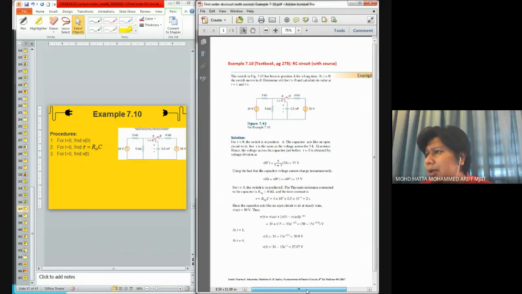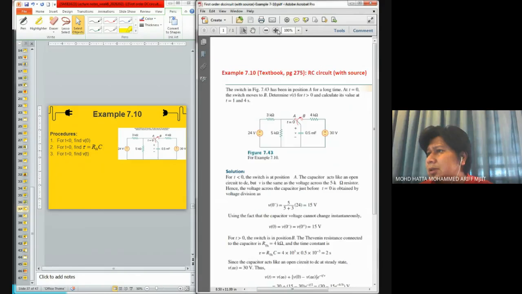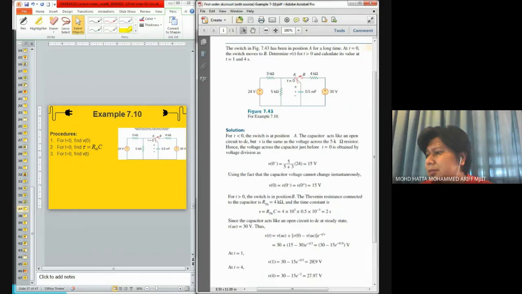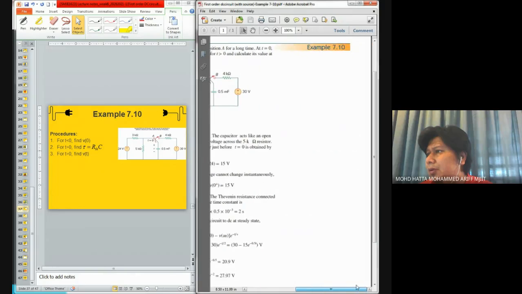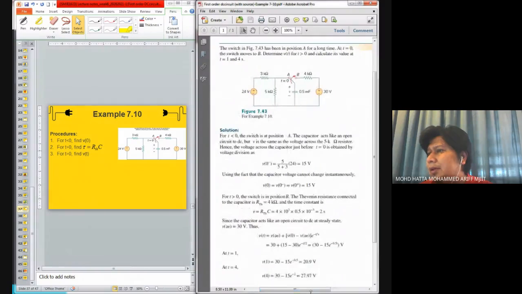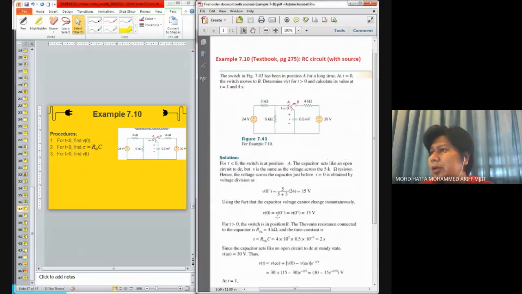Okay, look at this example. According to the question, it says that the switch in figure 4.3 has been in position A for a long time.